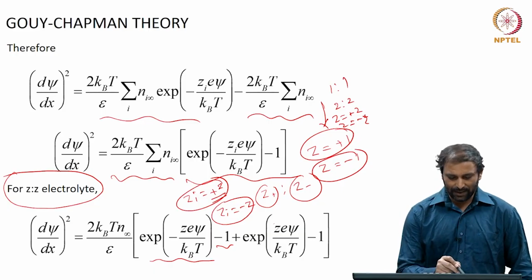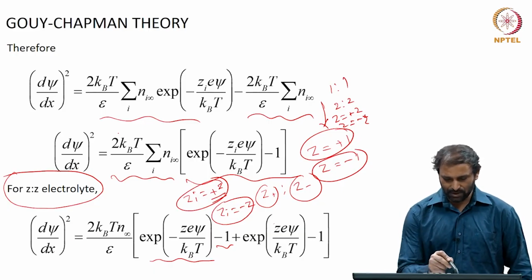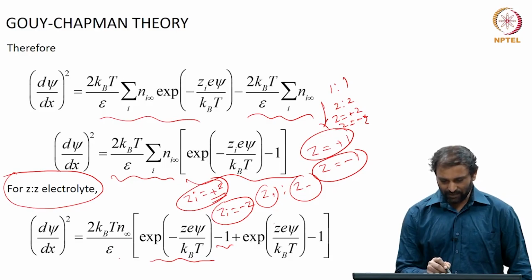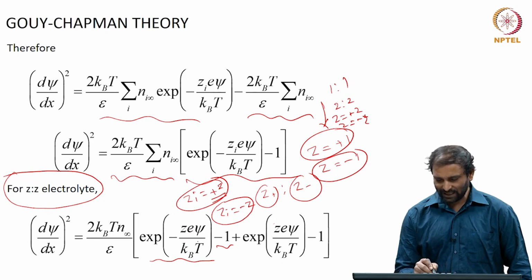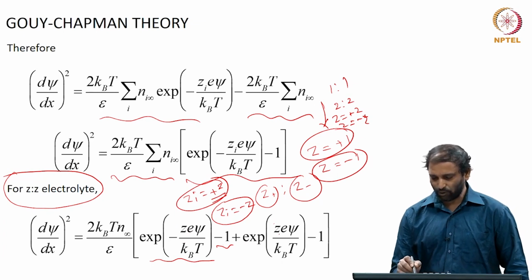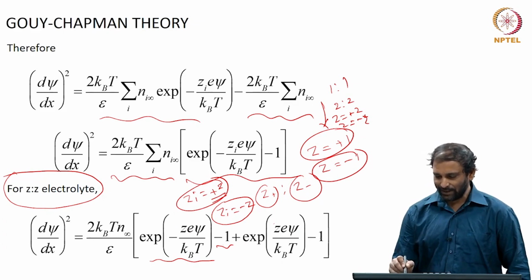Therefore, (dψ/dx)² essentially becomes 2kBT n∞ divided by ε, into exponent of minus Zeψ divided by kBT minus 1, plus exponent of Zeψ divided by kBT minus 1.